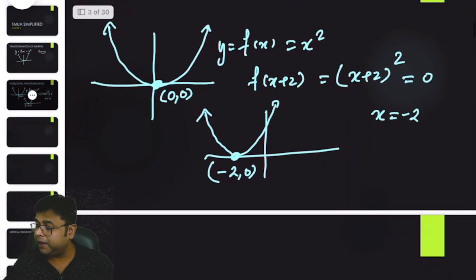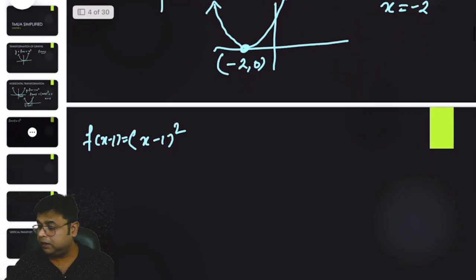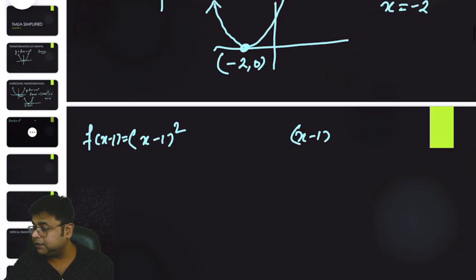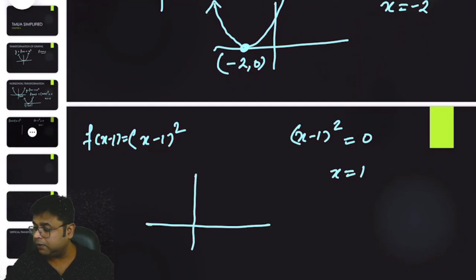Similarly, if we have to find the graph of (x - 1) whole squared, f(x - 1) will be (x - 1) whole squared. Now for this graph, if I put (x - 1) whole squared as 0, I will get x equal to 1. So the vertex, or the bottommost point of this parabola, has moved 1 unit to the right.